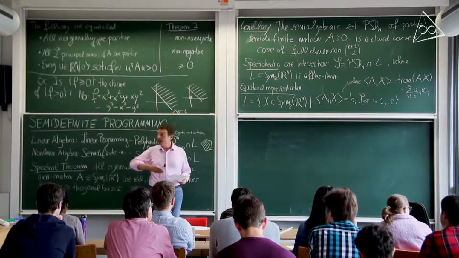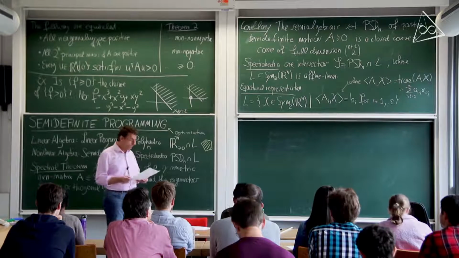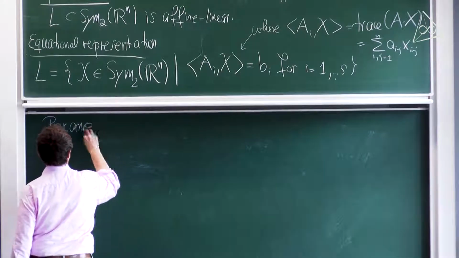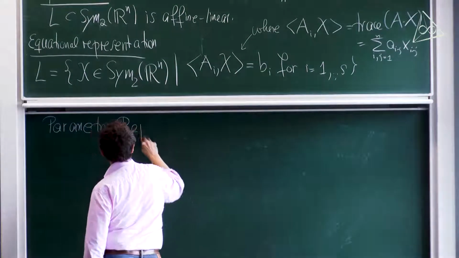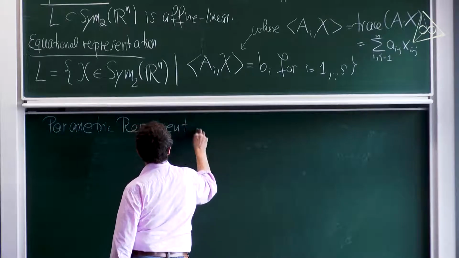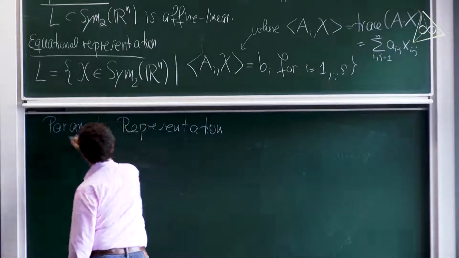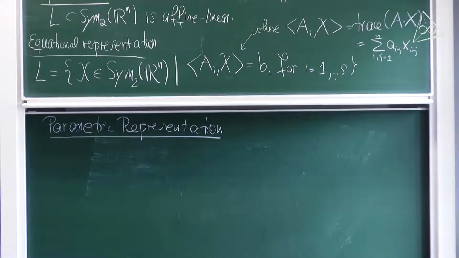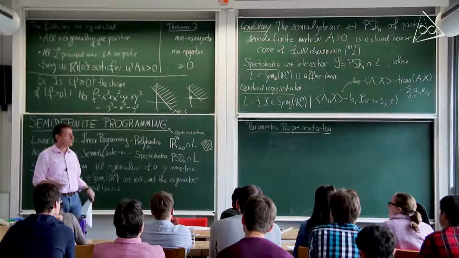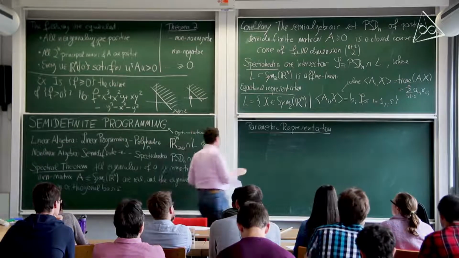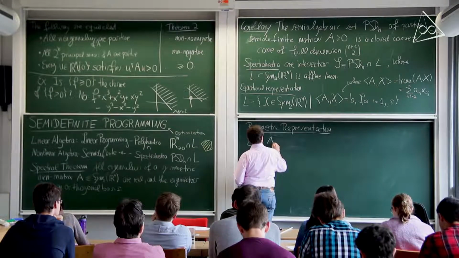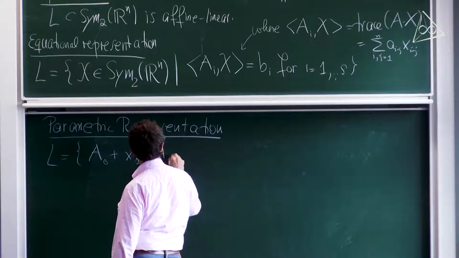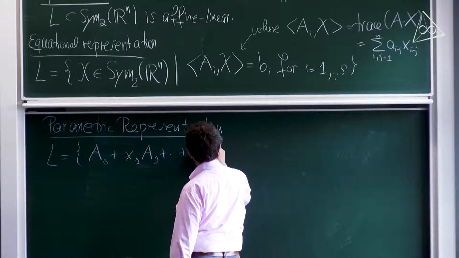Now this linear space, like every linear space, can also be given a parametric representation. Let's look at that. The parametric representation of an affine linear space is, well, you learn this in linear algebra: you have a particular solution and then a basis of the solution space. So let's do the same thing here. There's any particular element A_0 plus any linear combination of a basis, called A_1 up to A_s.